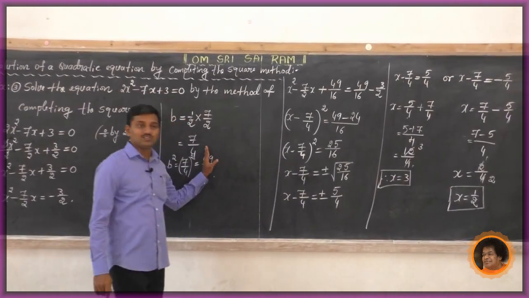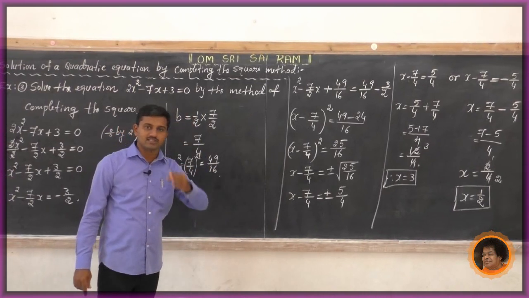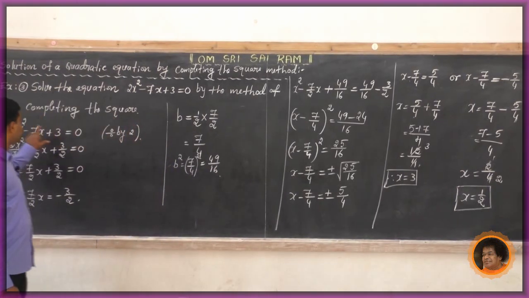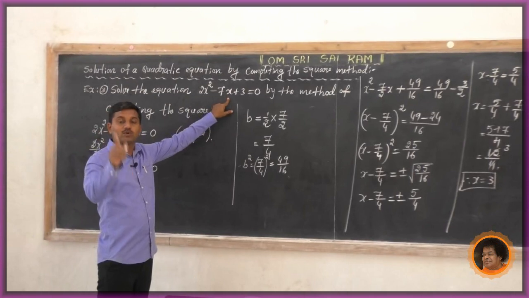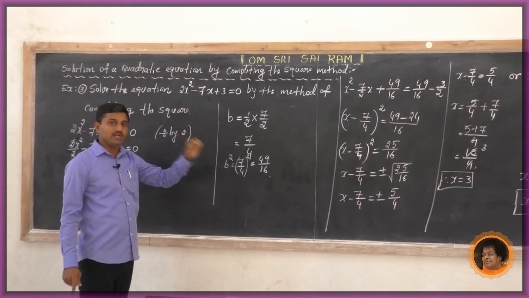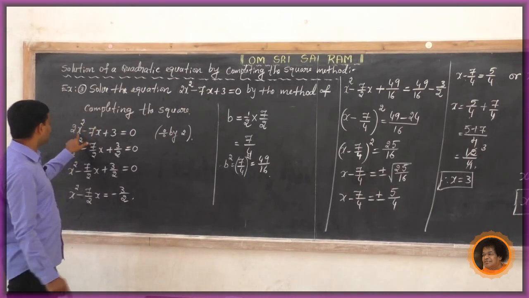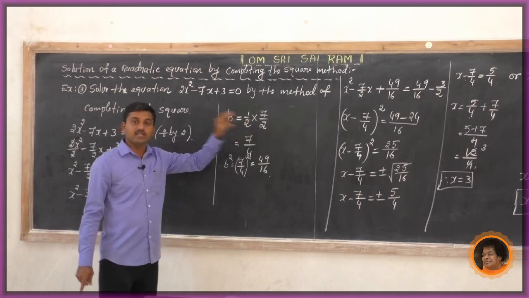So this method is known as the completing the square method. Just recall the steps of the completing the square method. First, write the given equation in the form ax square plus bx plus c equal to 0. Next, locate the coefficient of x square. Suppose the coefficient of x square is 1, take half the coefficient of x.